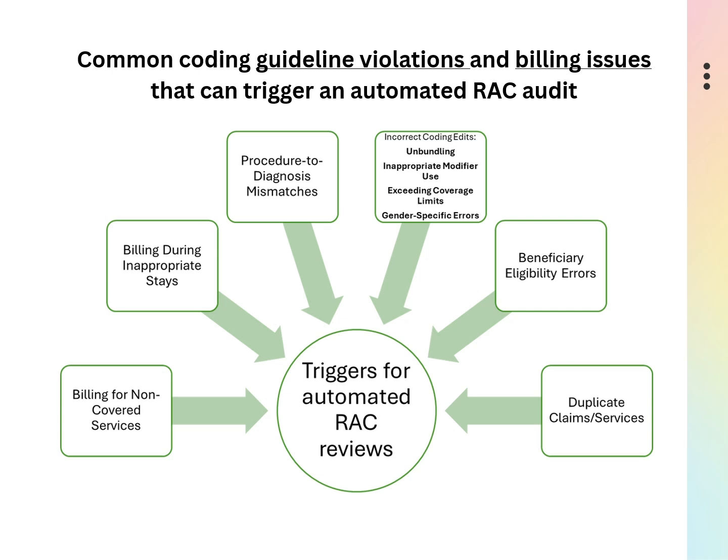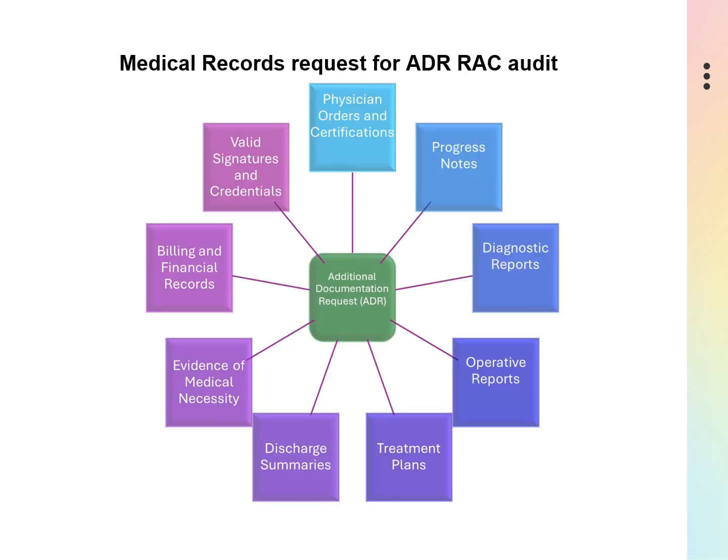Medical records request for ADR RAC audit. Physician orders and certifications. Progress notes. Diagnostic reports, operative reports, treatment plans, discharge summaries, evidence of medical necessity, billing and financial records, valid signatures and credentials.